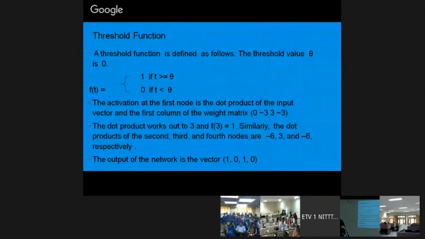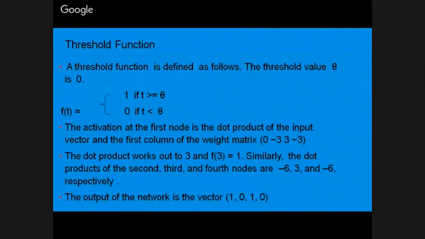So that means if t is greater than or equal to 0, then the threshold function will have value 1, and if t is less than 0, then it will have value 0. So we will use this threshold function to find out the output vector.